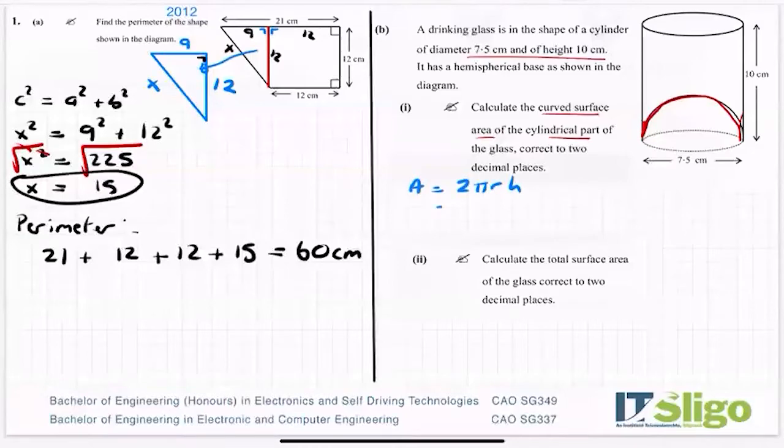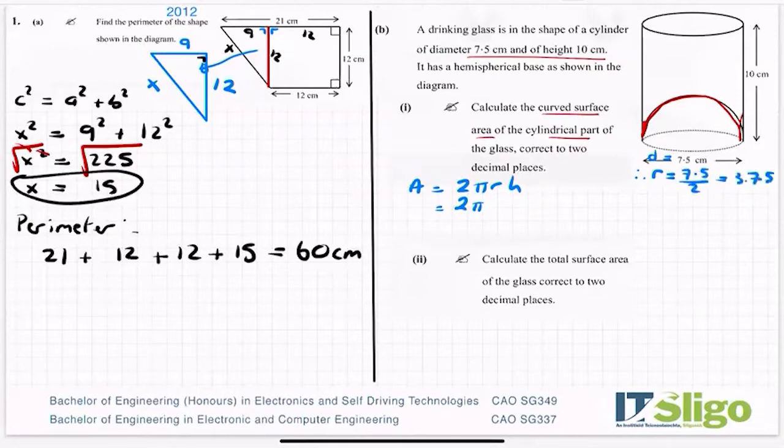So in R1, it's equal to 2 pi. We know that the diameter is 7.5. Radius is always half of a diameter. So D is equal to 7.5, therefore your radius is equal to 7.5 divided by 2, and that's equal to 3.75.